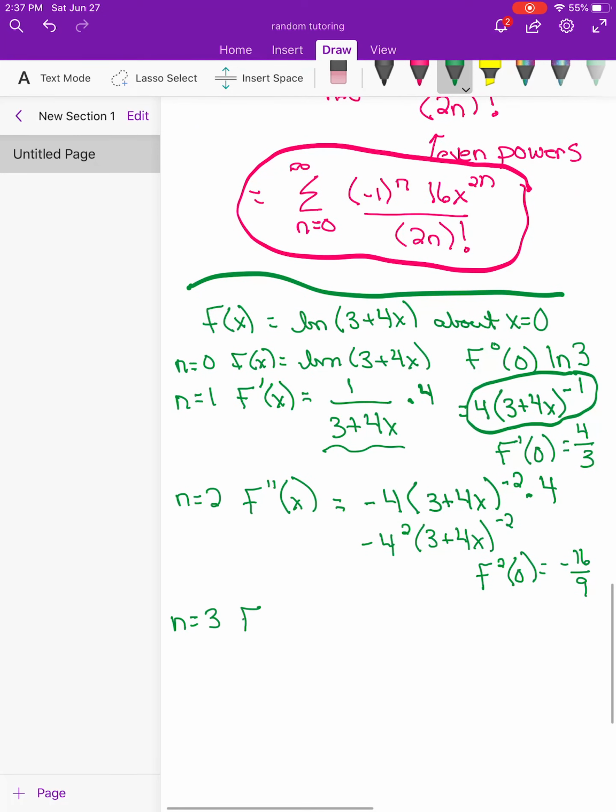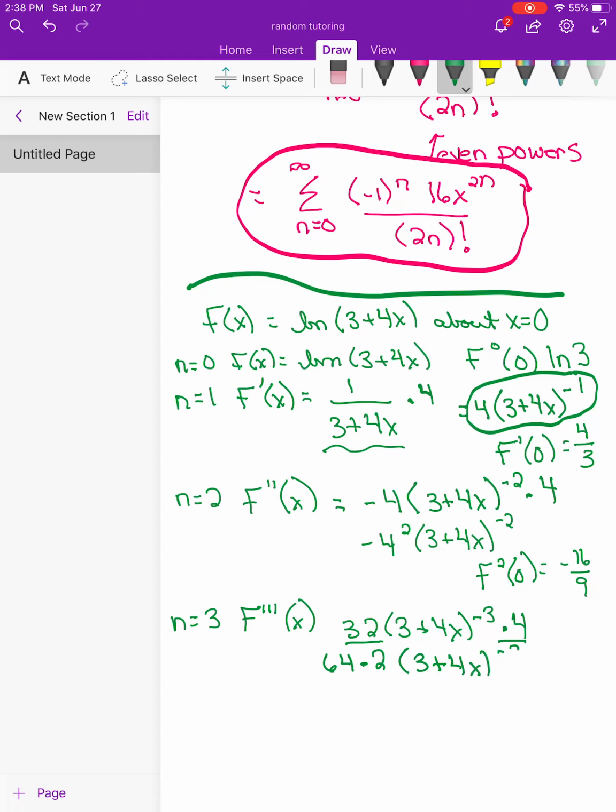So you're going to keep doing that, and then the third derivative ends up being 32 (3 plus 4x) to the -3 times 4, and simplifying this just for our pattern, that becomes 64 times 2 (3 plus 4x) to the -3, which becomes 4 cubed times 2 times (3 plus 4x) to the -3.